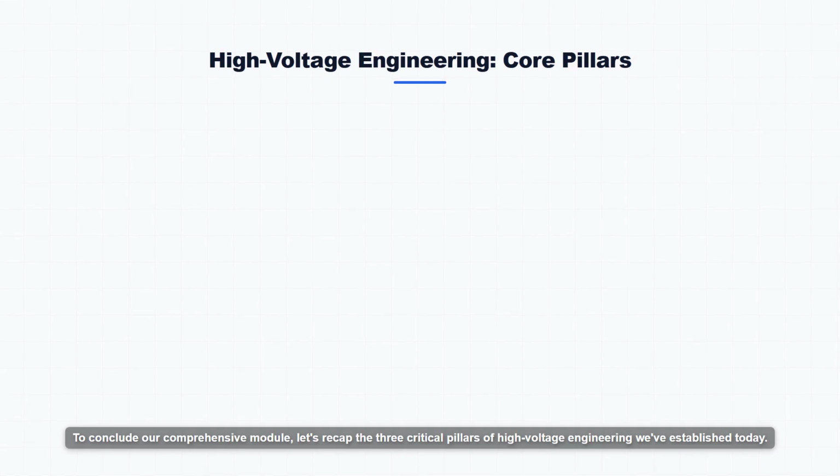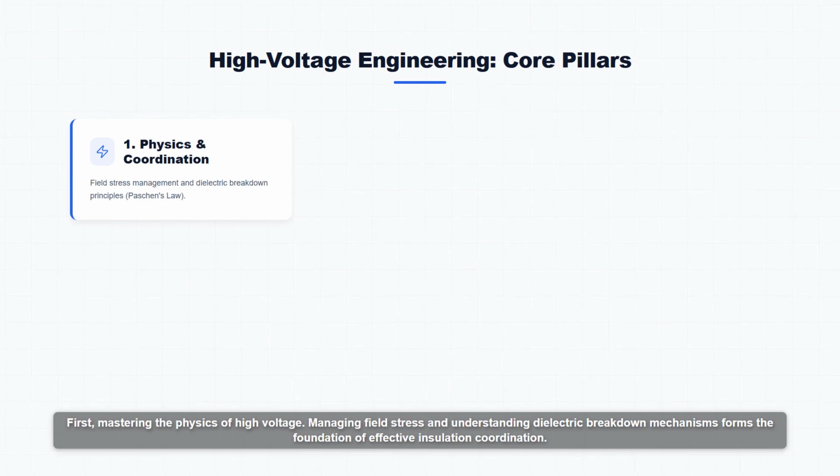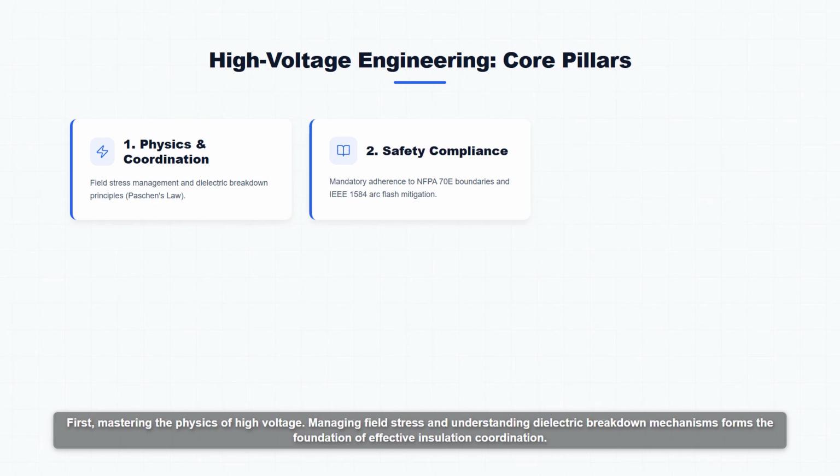To conclude our comprehensive module, let's recap the three critical pillars of high voltage engineering we've established today. First, mastering the physics of high voltage. Managing field stress and understanding dielectric breakdown mechanisms forms the foundation of effective insulation coordination. Second, rigorous safety compliance.